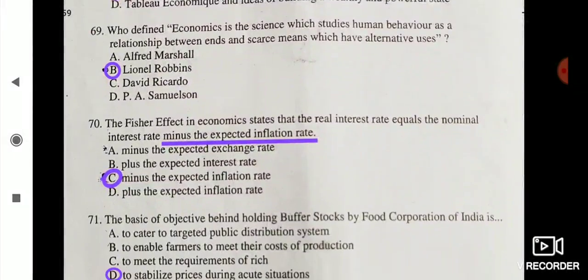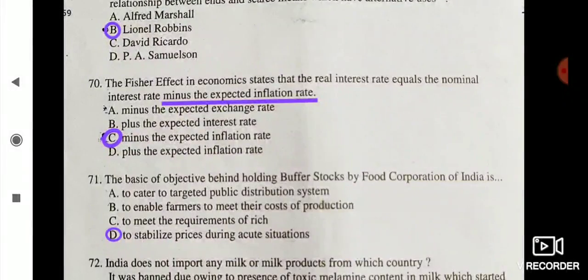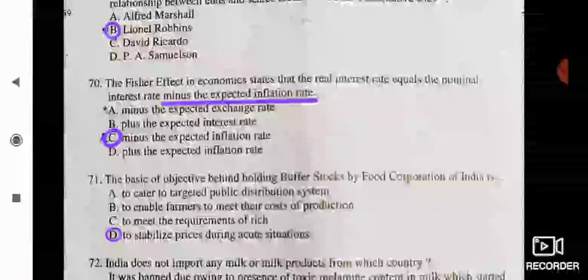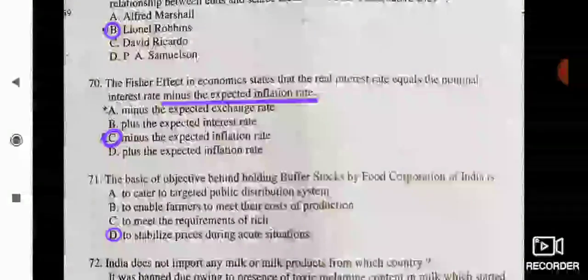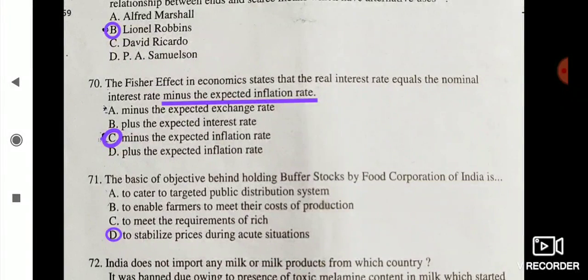The next, the Fisher effect in economics states that the real interest rate equals the nominal interest rate minus the expected inflation rate. Actually, in this question, the expected inflation rate is the answer which is given in the question. So there is a mistake in the question, either a wrong question or a printing mistake.